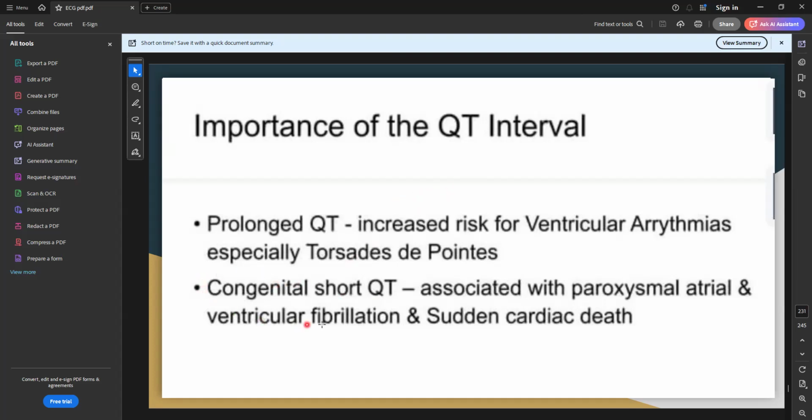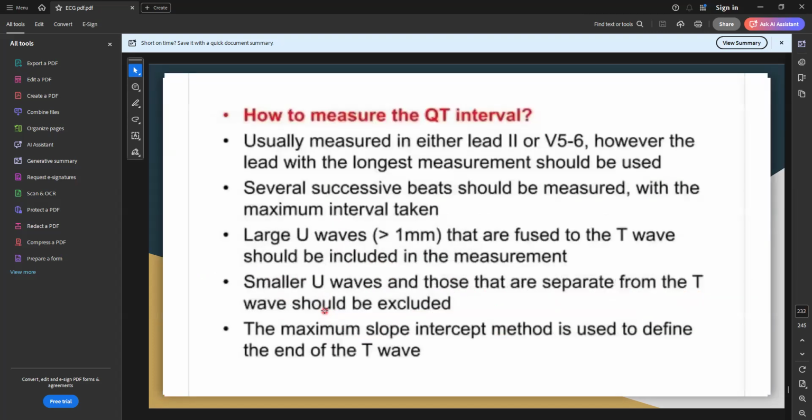Congenital short QT syndrome is associated with paroxysmal atrial or ventricular fibrillation. Both torsades de pointes and ventricular fibrillation are associated with severe complications like sudden cardiac death. So, how can you measure the QT interval?